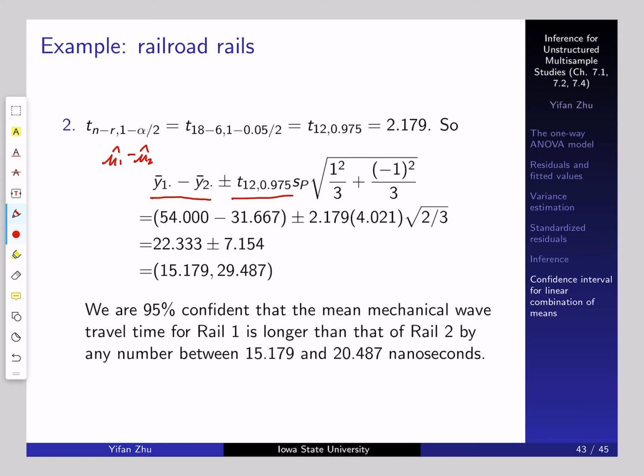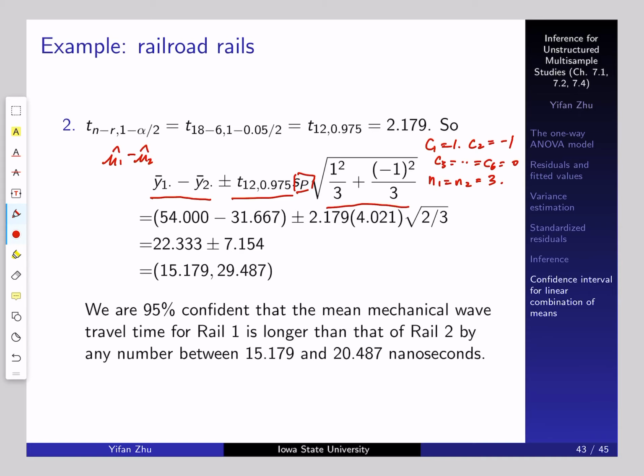And we have SP times the square root of 1 squared over 3 plus (negative 1) squared over 3. This is because we have C1 equals 1 and C2 equals negative 1 in this case, and the rest are 0. And n1 is equal to n2, which equals 3.